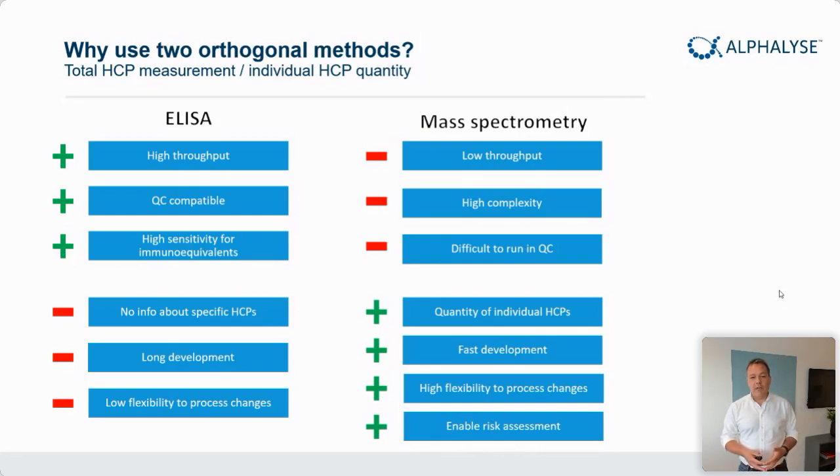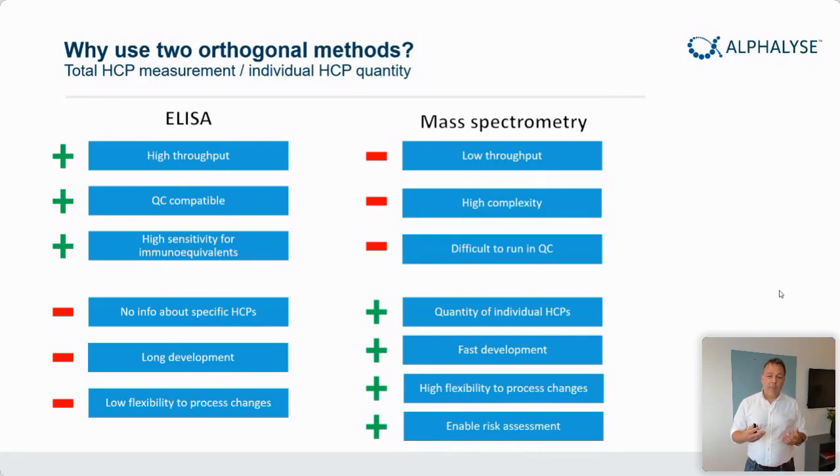The disadvantage with mass spectrometry, and the reason why it hasn't been used that much in the past, is of course that it doesn't have a high throughput. Normally you might have with one instrument 10, 20 samples a day, so not the same throughput as with an ELISA. The analysis is also highly complex. It requires a very detailed and complex sample preparation, and you use very sophisticated, very expensive instrumentation, and it is therefore difficult to put into a QC environment.